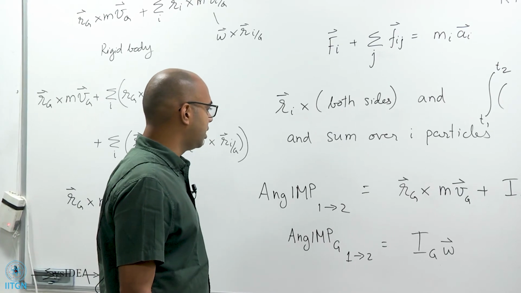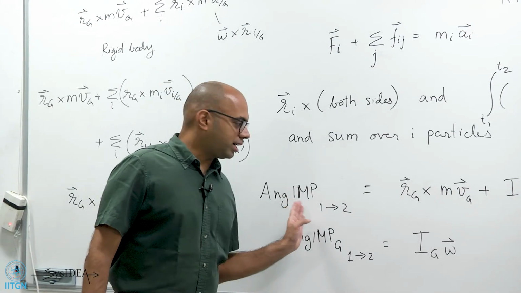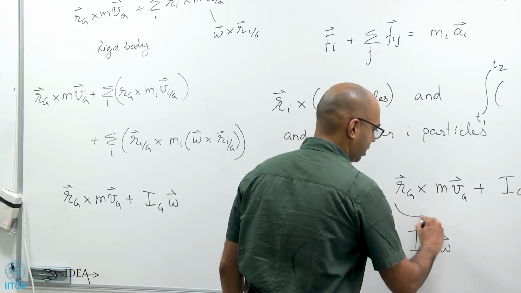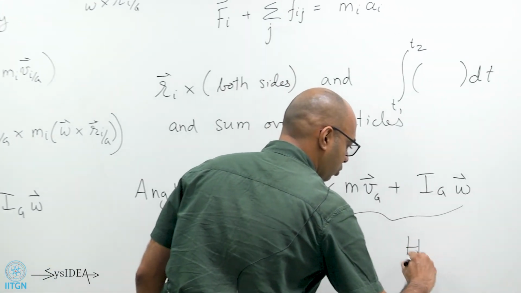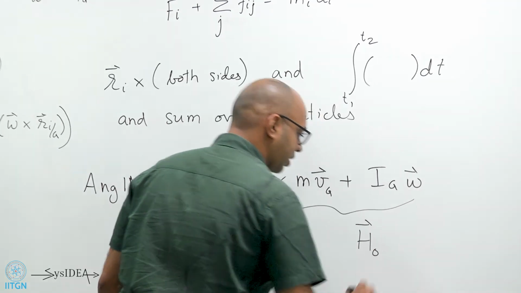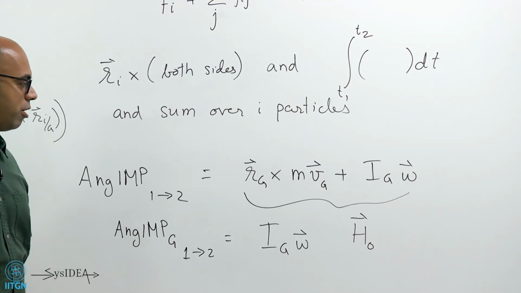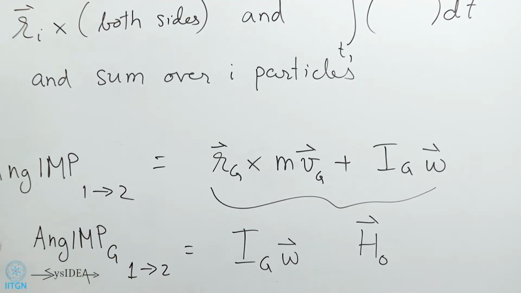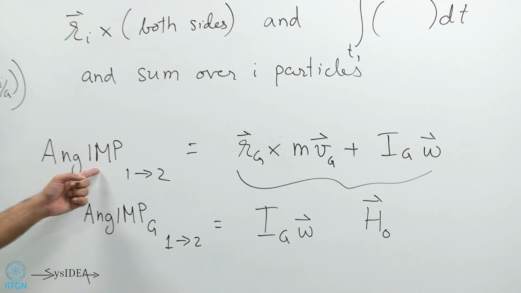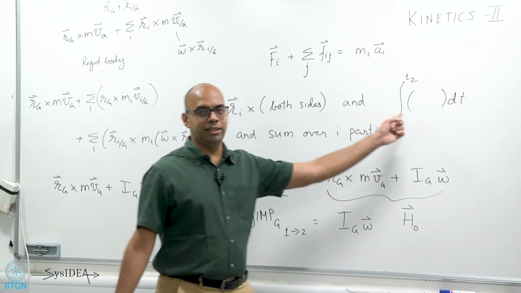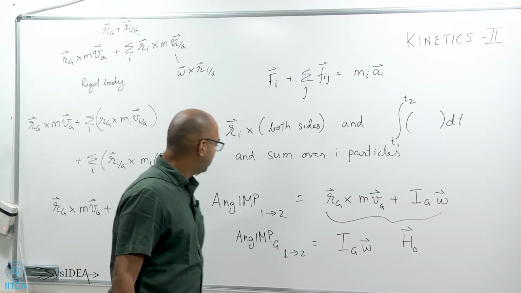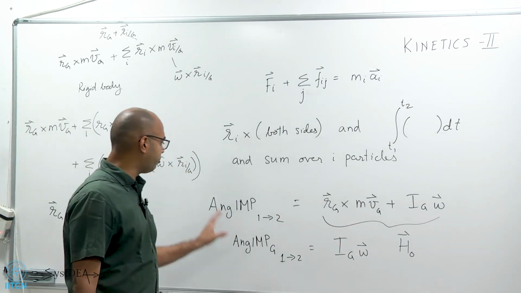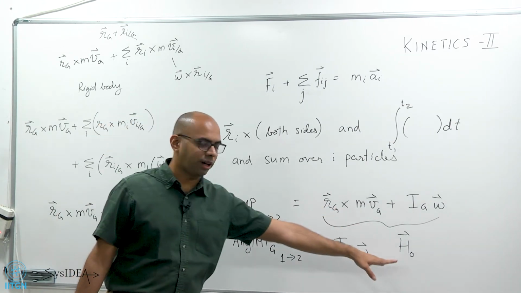Now the other thing we can do right here is, this is nothing but the total angular momentum of the rigid body about point O. Remember, this is valid only for rigid bodies. And if angular impulse is nothing but an integral dt, we can write this same equation in a different form where integral dt is equal to h.